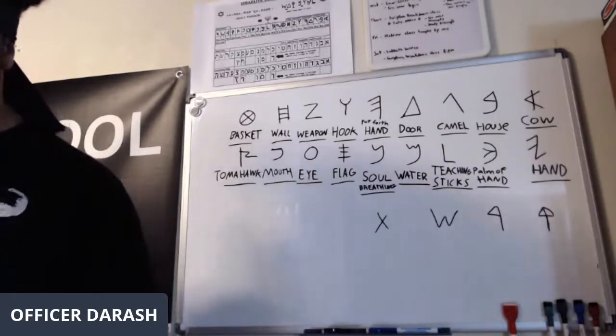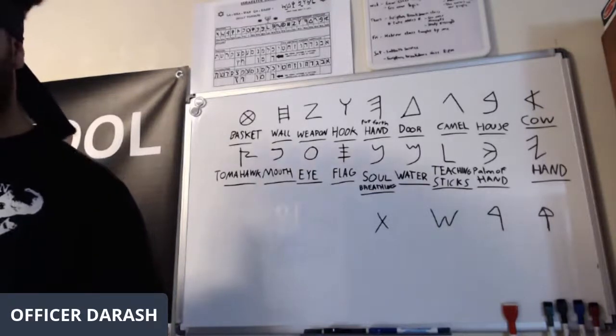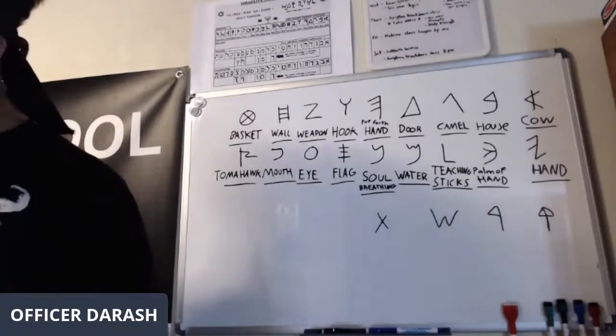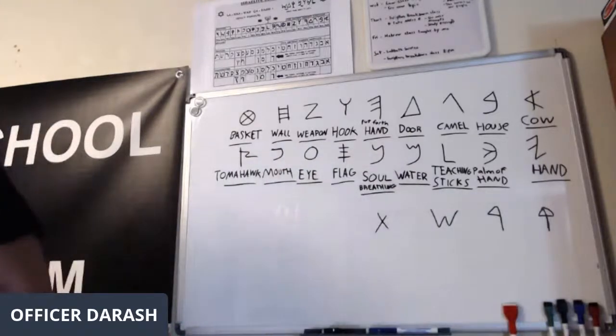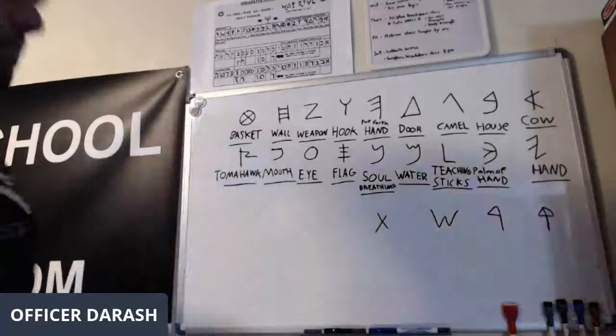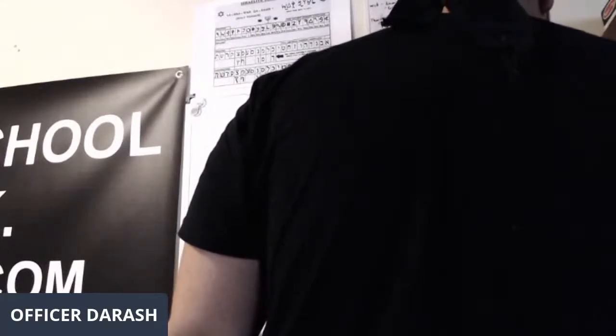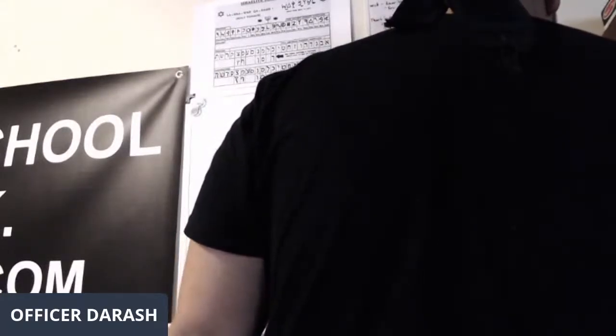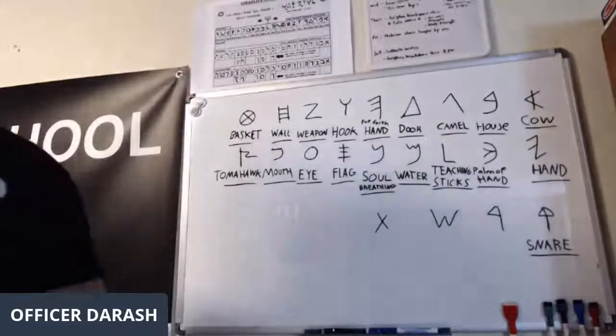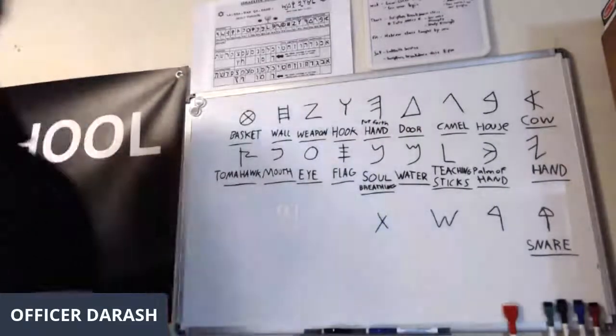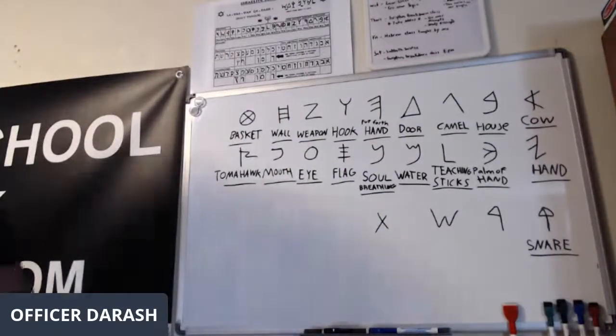Tazayad means tomahawk. Next, the Ka, the Kawash. That means snare. That's what that pictogram means. All right, snare.